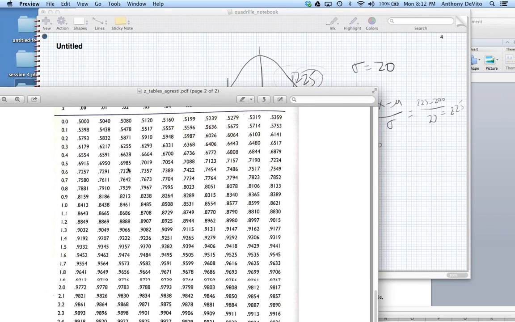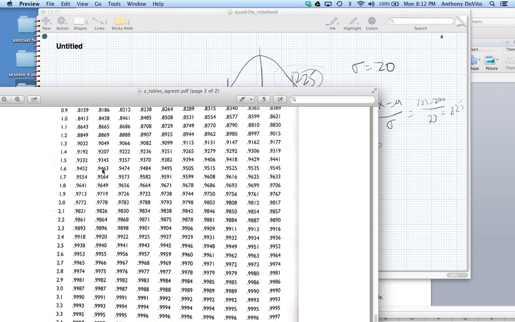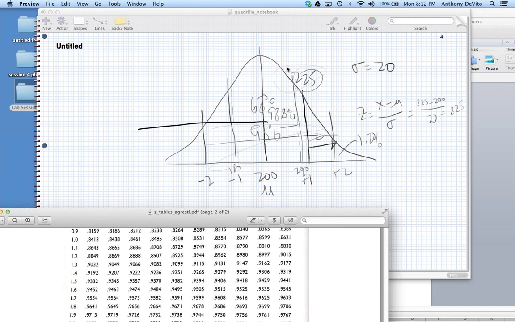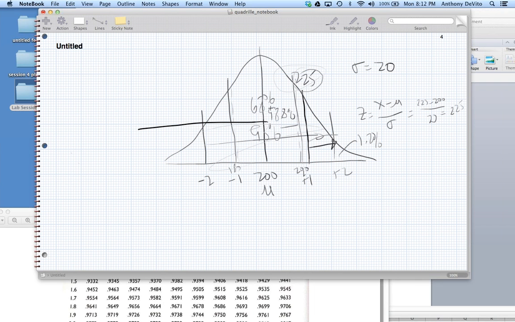Let me go back. Like I said, I'm not a detail person. So 89.4% is below this, which leaves 10.6%... 11.6% of the population will be above 225 cholesterol.